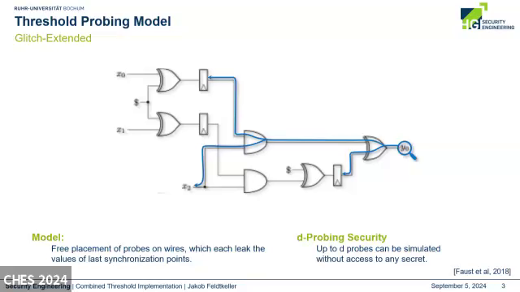Then we say that a circuit is d-probing secure if up to d probes can be simulated without any access to the secret, which means that we can recreate the distribution of the probes, the observation of the adversary, without knowing the secret, which then means that it is statistically independent of the secret.